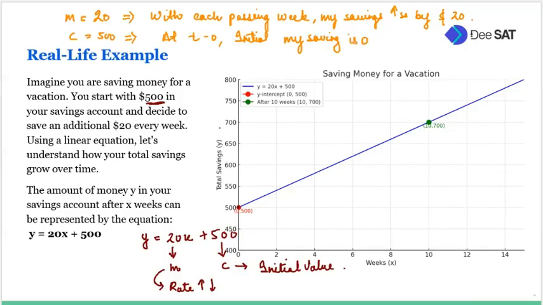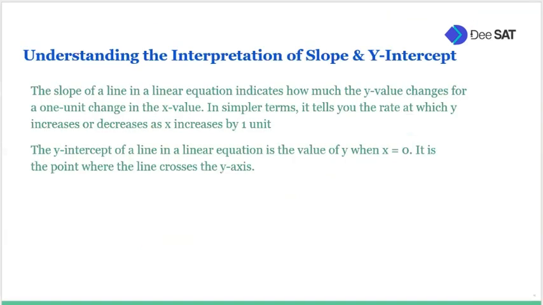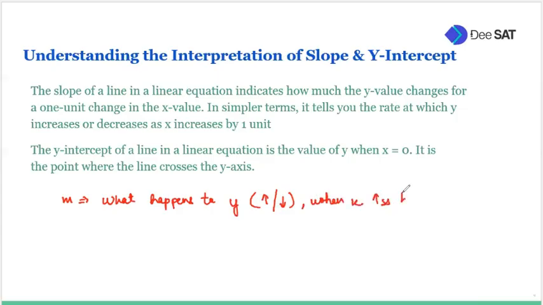That means, in broad terms, what will be the representation for slope and y-intercept? When I say slope, it is what happens to y: it either increases or decreases when x increases by 1 unit.